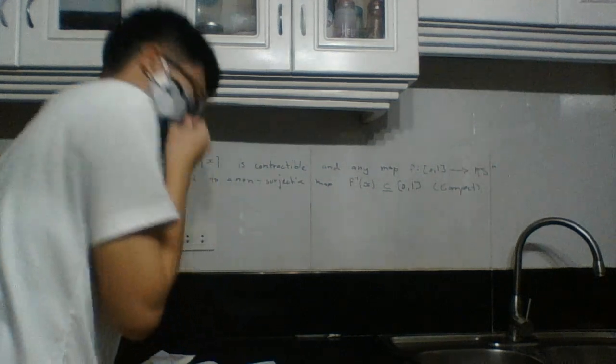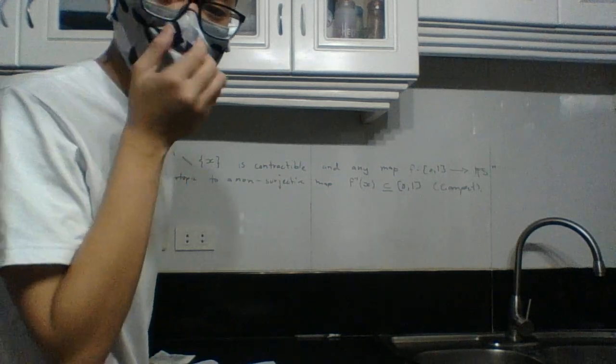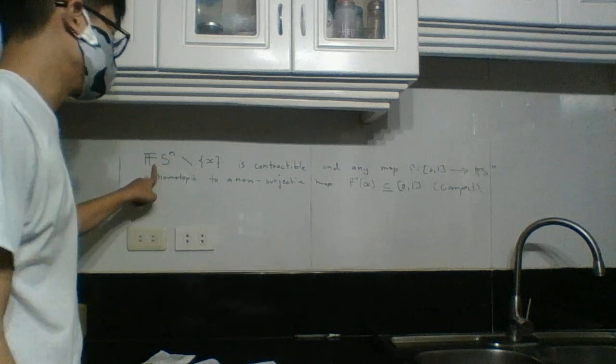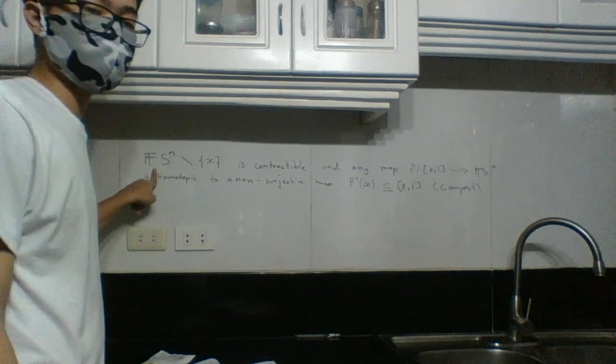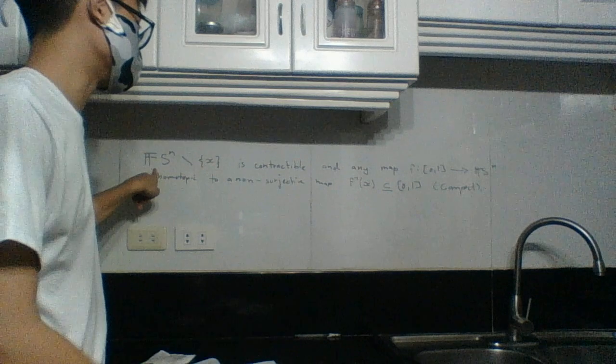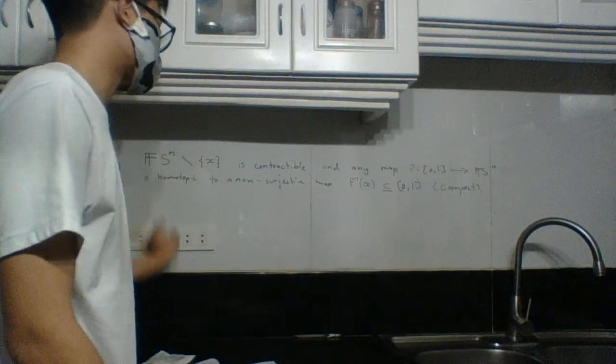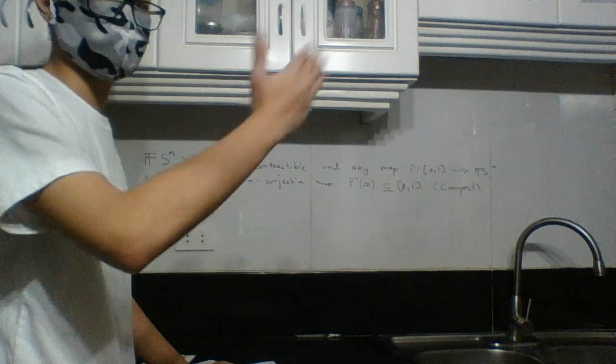So yeah, we still have 2 minutes, but if we take a point away from the unit n-sphere, this entire thing here is contractible, and any curve inside this is homotopic to some other reverse curve.